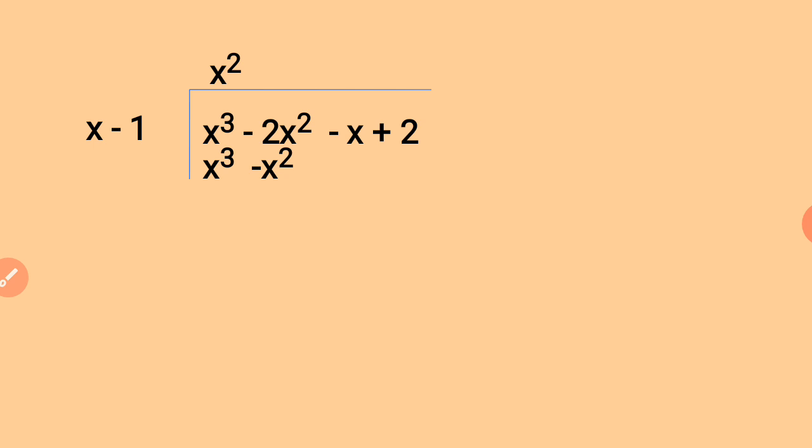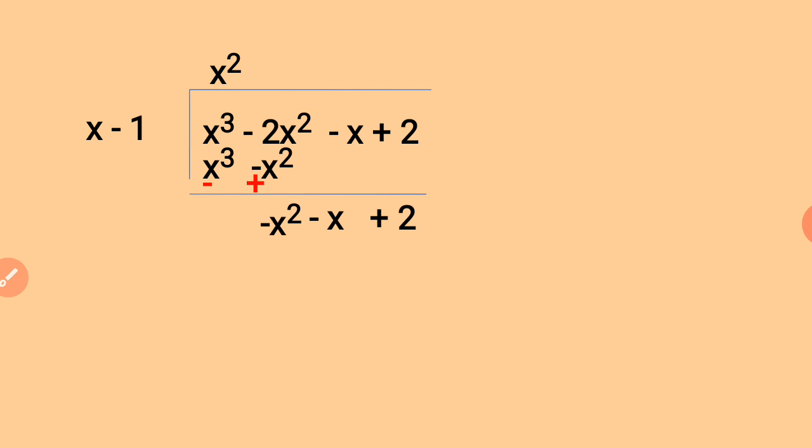The next step always is subtraction, but before subtraction, change the sign and get the solution. First term is cancelled out. X cube minus x cube is 0. So we have not noted anything over there. Minus 2x square plus x square gives you minus x square. Now the rest two terms are noted down as it is.